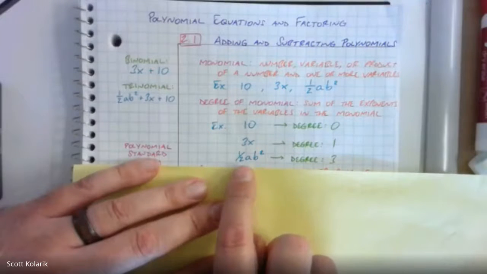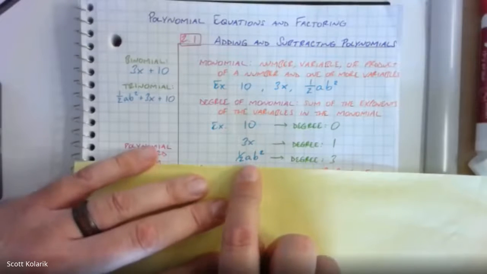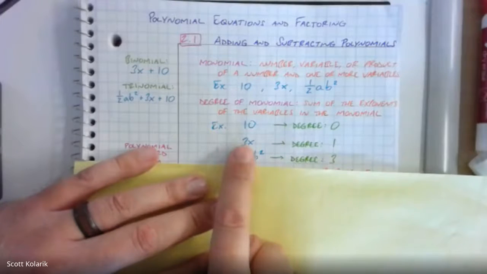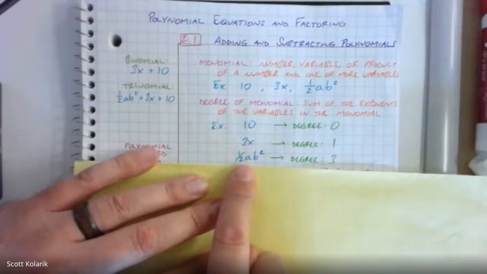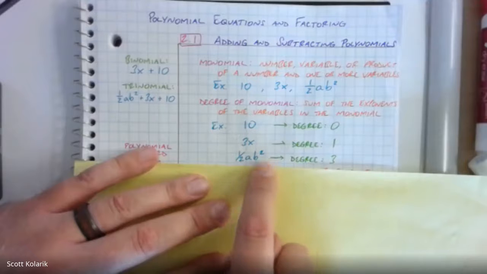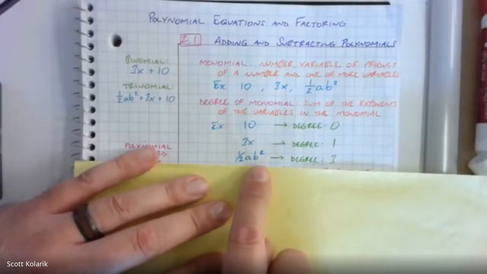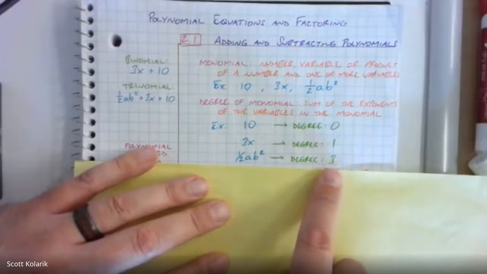And now that I've identified my variables, I have to add together their exponents. Well, a, just like x in that previous example, has technically an exponent of 1. Now the b is squared, or has an exponent of 2.